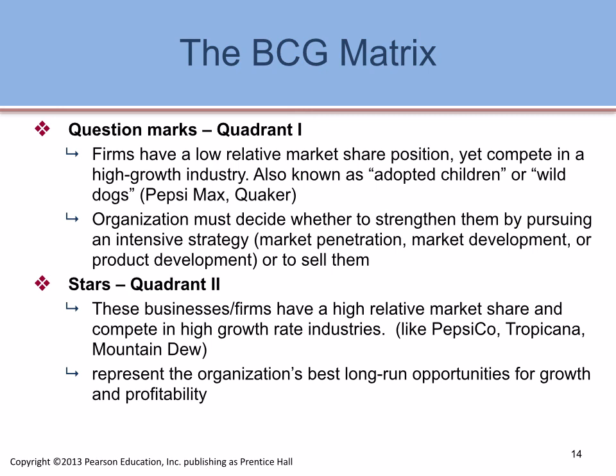Even though its market share is decreasing, it is still the star product, right? Other stars are Aquafina, the biggest selling mineral water brand in the United States, or products like Tropicana, Gatorade, and Mountain Dew. These are examples of star products, which represent the organization's best long-run opportunities for growth and profitability.